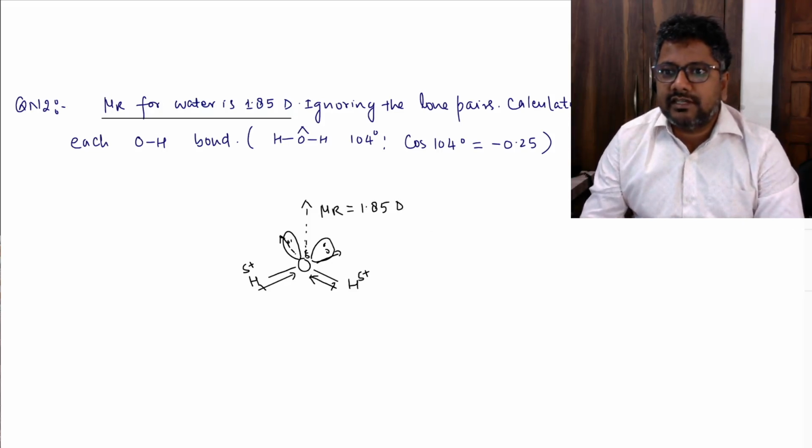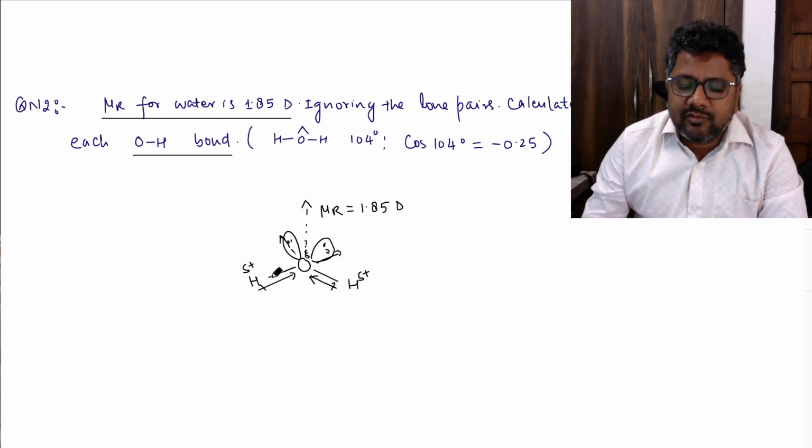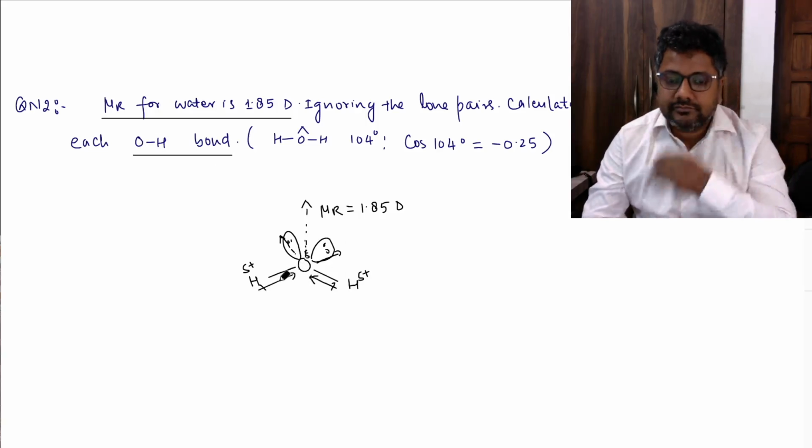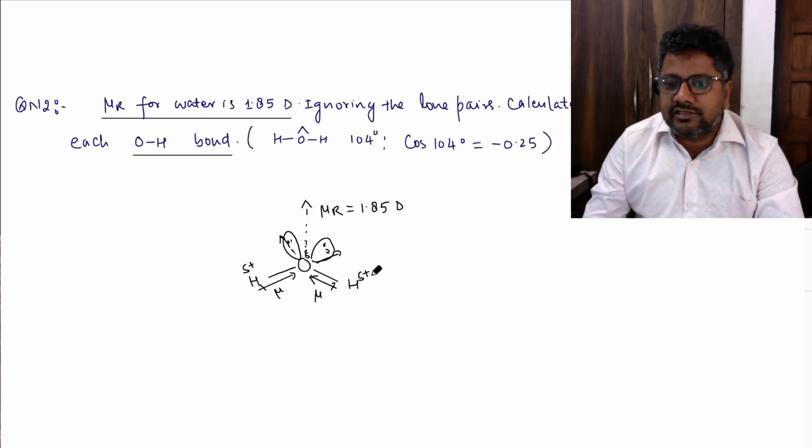So what they have asked is the dipole moment of each OH bond, right? So let the dipole moment of this bond be mu, and this is also mu. Why? Because both are OH bonds, with the same polarity, same atoms.